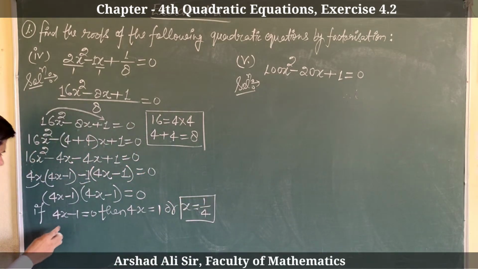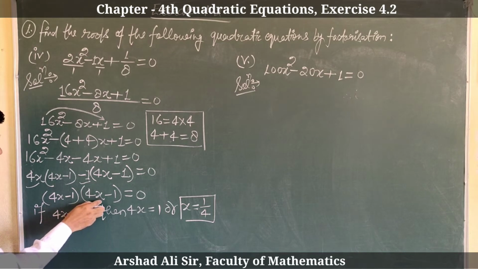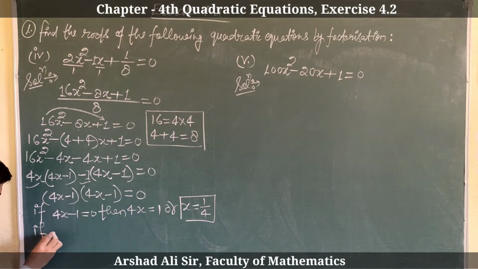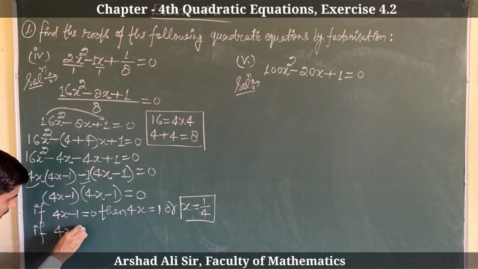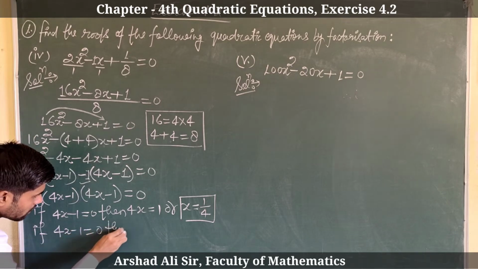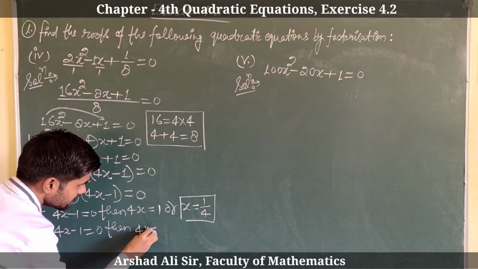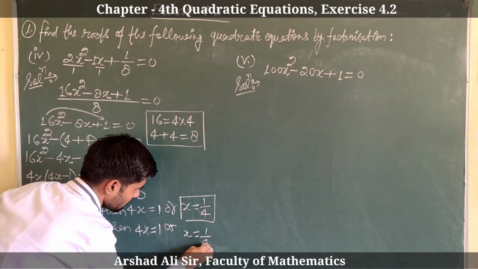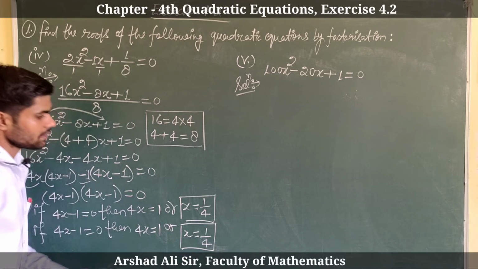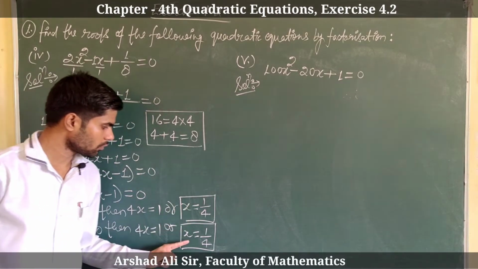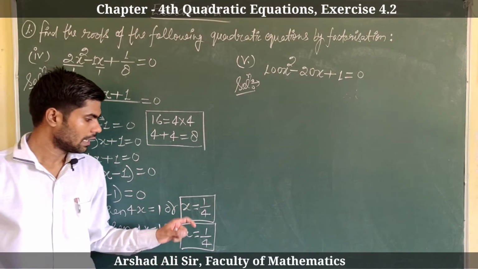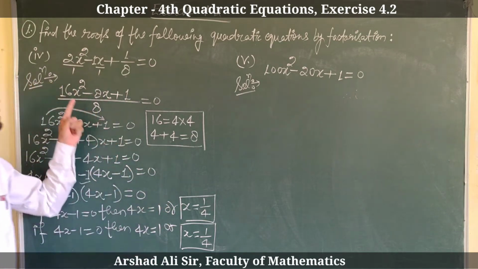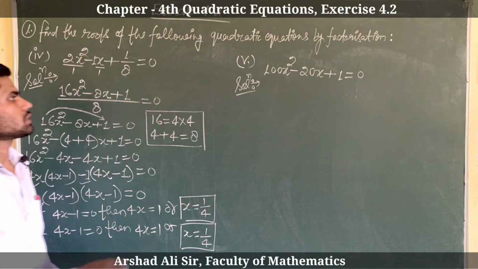And if we put the other factor equal to 0, the result will be the same. 4x minus 1 is equal to 0, then 4x is equal to 1, x is equal to 1 upon 4. Means x is equal to 1 upon 4, x is equal to 1 upon 4 are the two roots of the given quadratic equation.